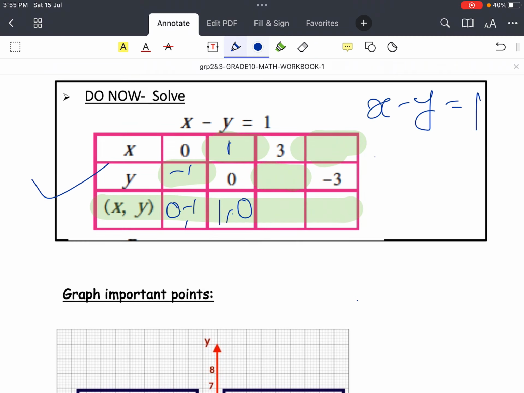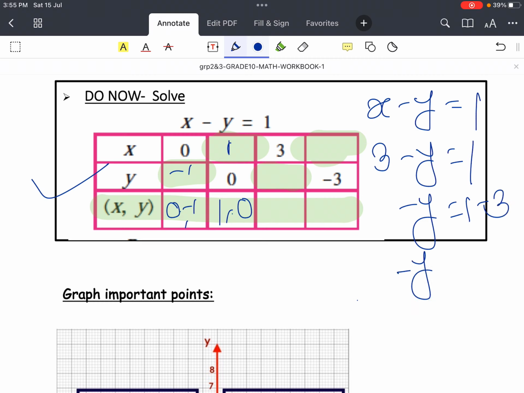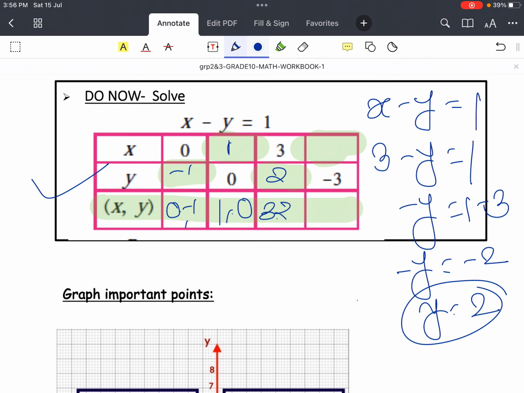For a third case, x is equal to 3, so 3 minus y is equal to 1, so minus y is equal to 1 minus 3, so minus y is equal to minus 2, and y is equal to 2, so write down here 2, so your answer is 3 comma 2.